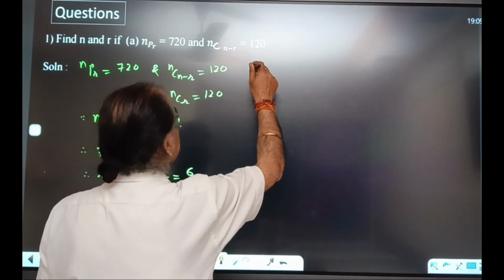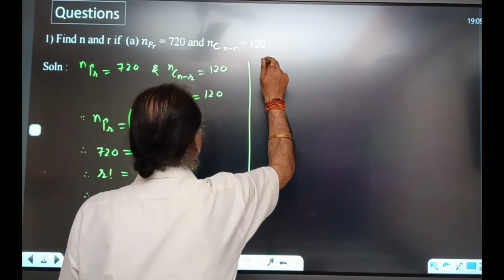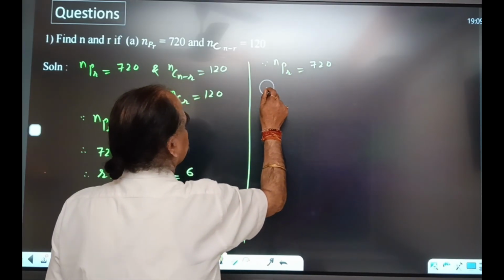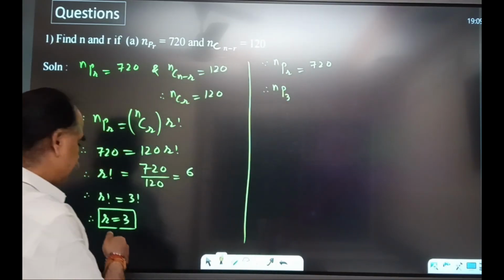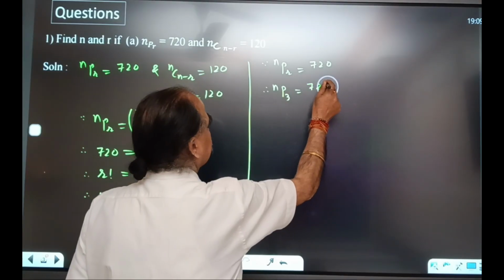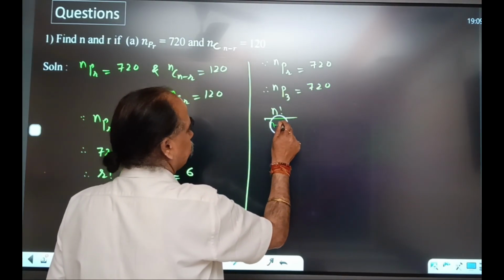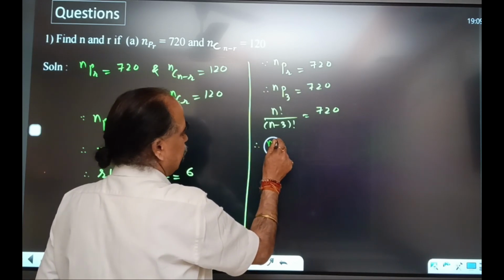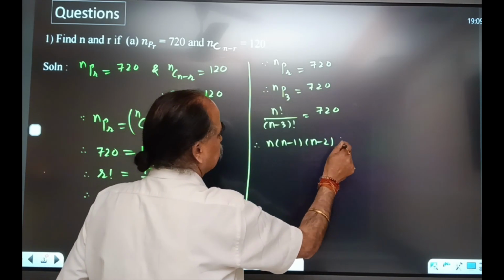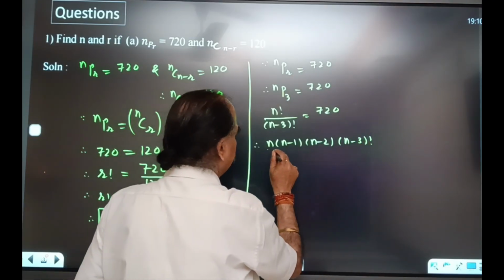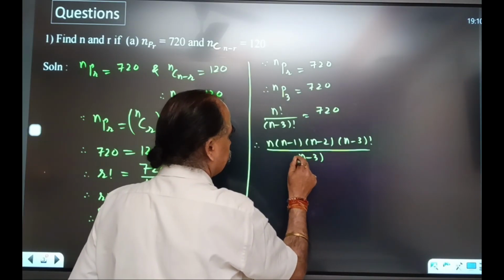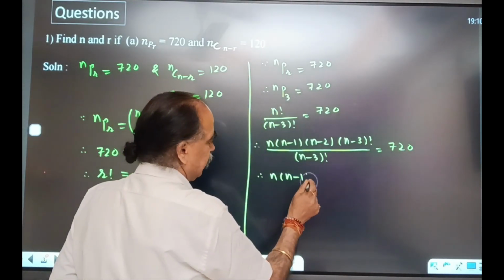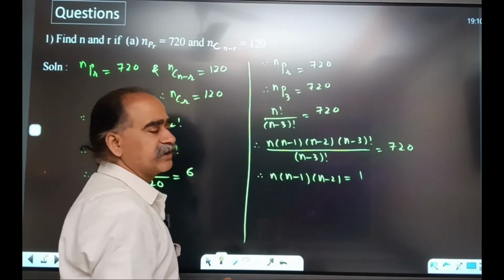Now we have to find out n. Since nPr is 720, so nP3, because r is 3, is 720. n factorial upon (n minus 3) factorial is n into (n minus 1) into (n minus 2) into (n minus 3) factorial upon (n minus 3) factorial. So n, n minus 1, n minus 2 are 3 consecutive numbers in descending order.